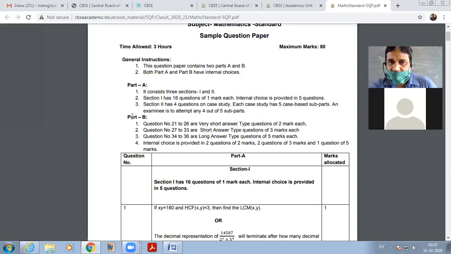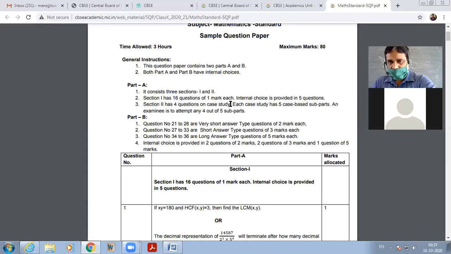Don't start with case studies, because case studies will take time, as they are totally based upon your thinking skill. It is not based upon calculation, it is not based upon your algebraic skill. No doubt algebraic knowledge must be there, besides that thinking skill is applied. It is an application based question, so definitely it will take some time.